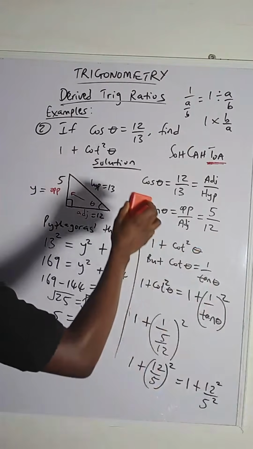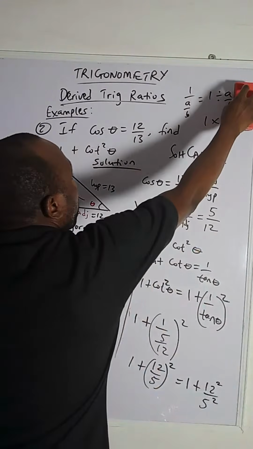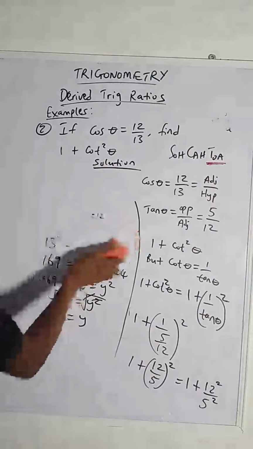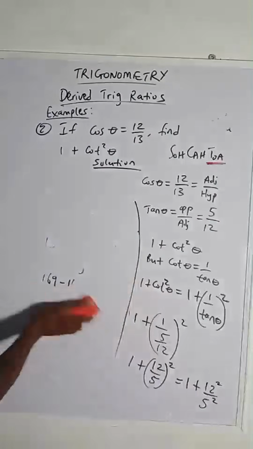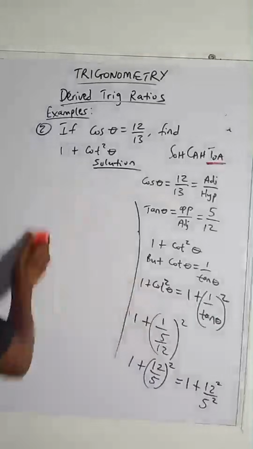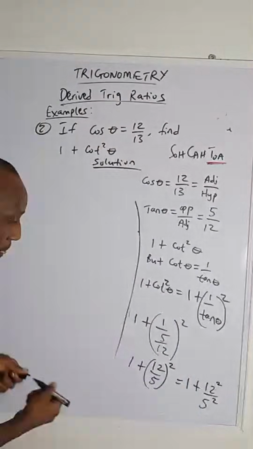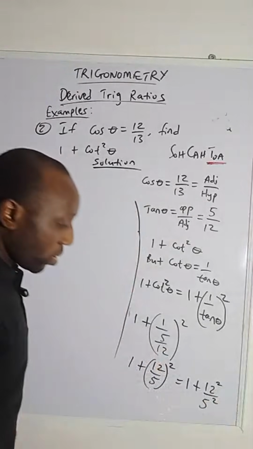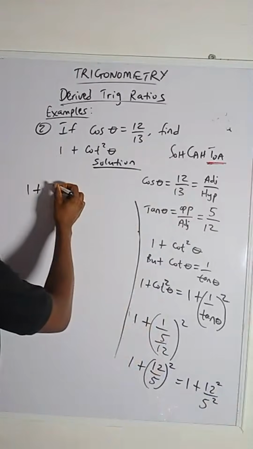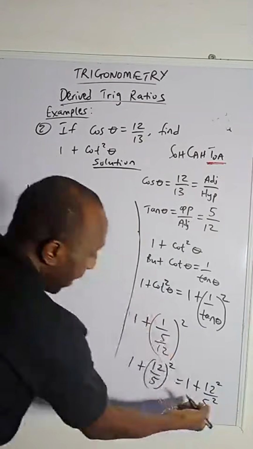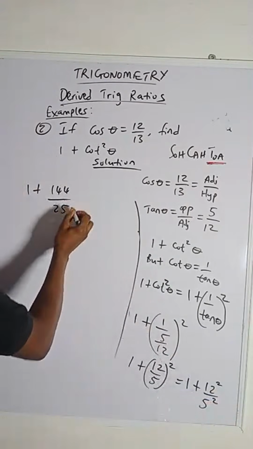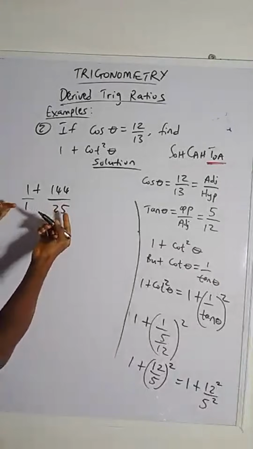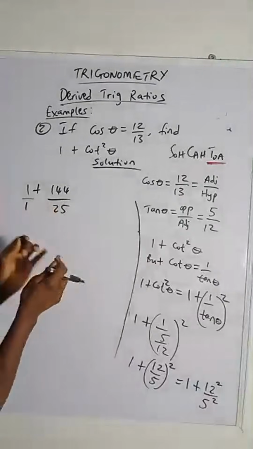Let me clean this and continue from here. So 1 plus 12 squared is 144, and 5 squared is 25. I can write 1 over 1 here, and then find the LCM, since I'm trying to add both numbers.